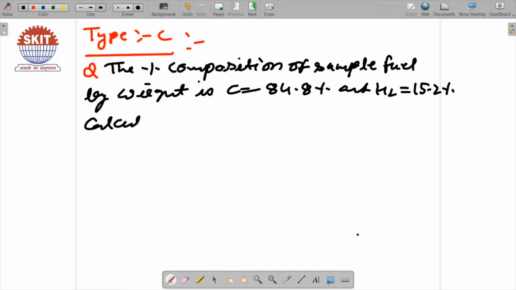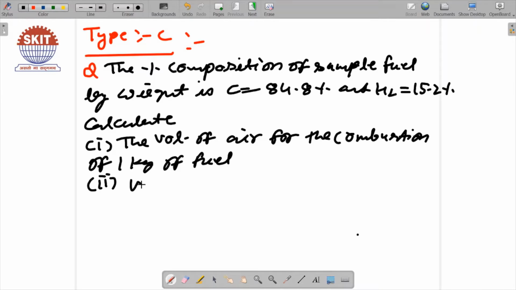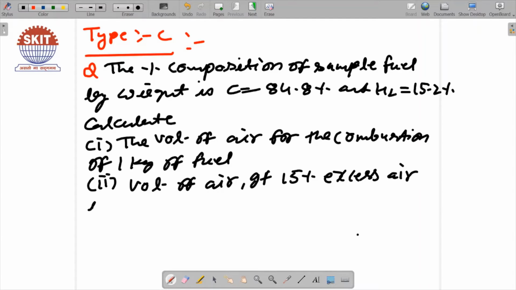So calculate number 1, the volume of air for the combustion of one kg of fuel, and second point, volume of air if 15% excess air is supplied.